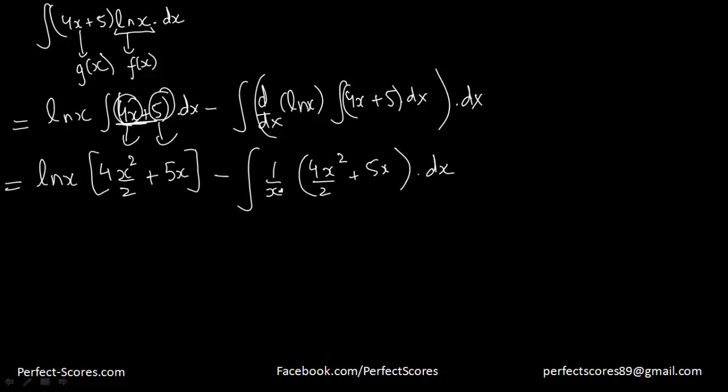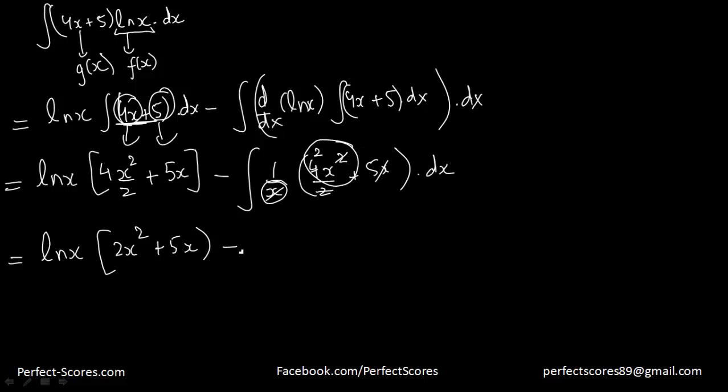As you can see, this x and this x will cancel out because that's in the denominator and these are in the numerator. So this will become ln of x into 2x square plus 5x minus, now again we use the power rule.